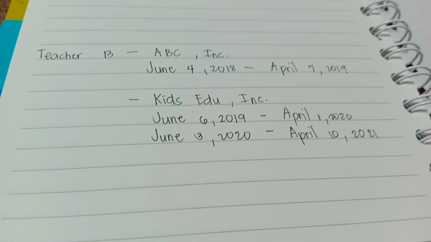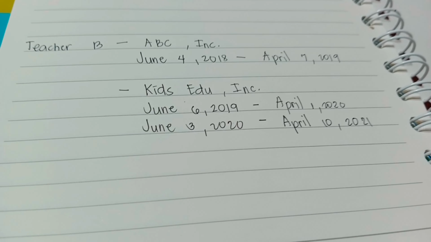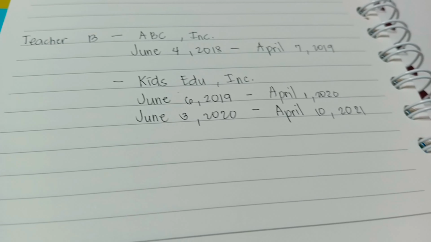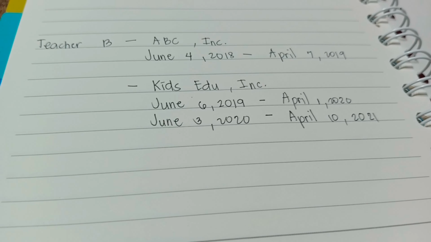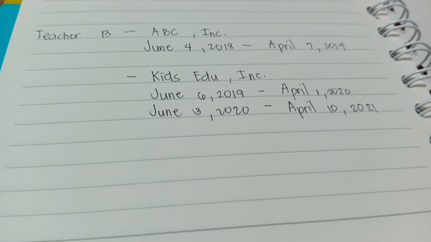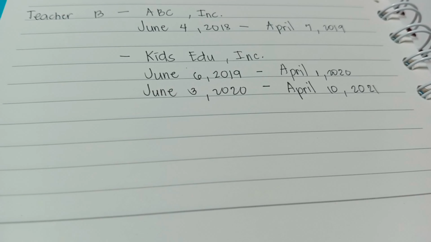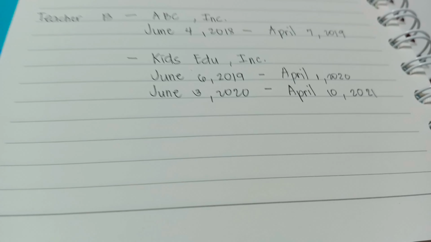For our second example, we have here teacher B, and he had worked for ABC Incorporated starting June 4th of 2018 until April 7th of 2019. So that's a total of 10 months. And he had also worked at Kids Edu Incorporated starting June 6th of 2019 until April 1st of 2020.